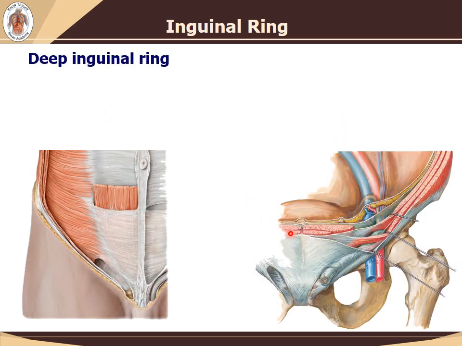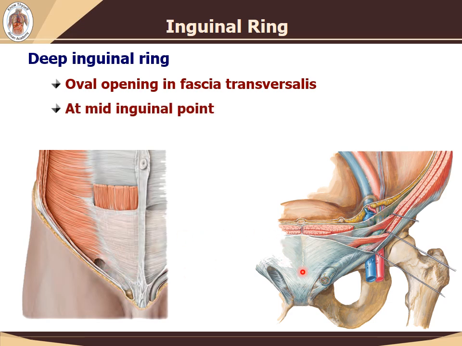The deep inguinal ring is a defect. This is the fossa transversalis. It's an oval opening in the fossa transversalis, so deep to this area. This is in between the anterosuperior iliac spine and the upper part of the pubic symphysis. If we draw a line, this is at the midpoint of this line, about half an inch above the inguinal ligament.